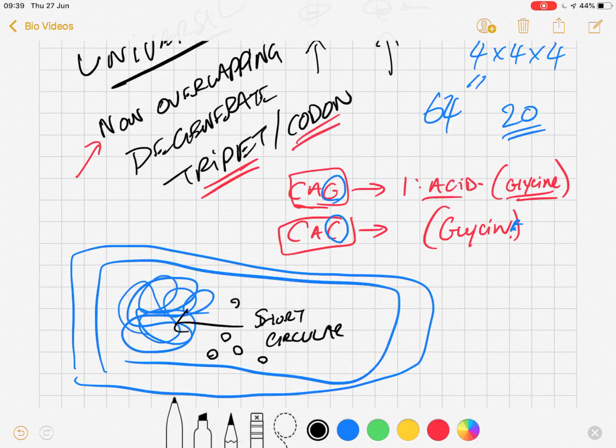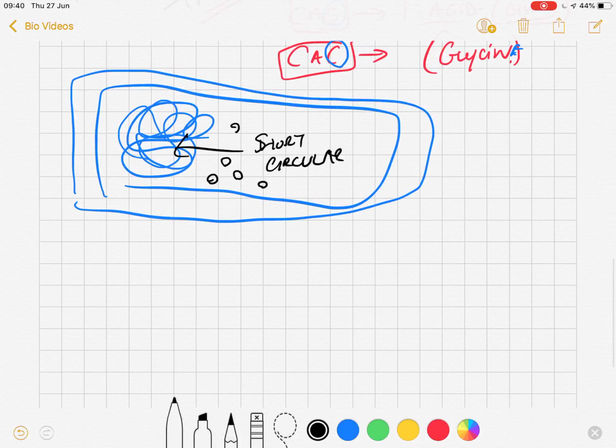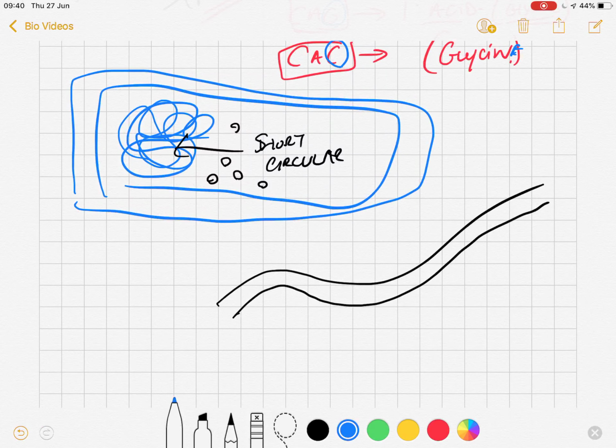So that's pretty much it in terms of understanding all the key parts before we look at DNA and protein synthesis. The final part we need to know about is that if we looked at DNA as blocks of genes, blocks of information, let's say we've got lots of sections of DNA here.